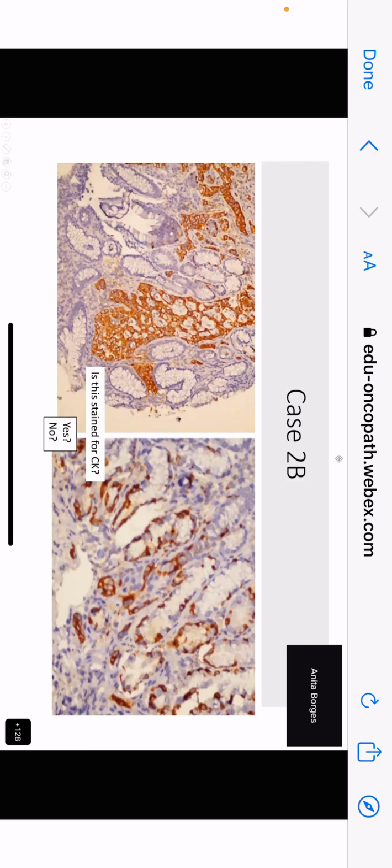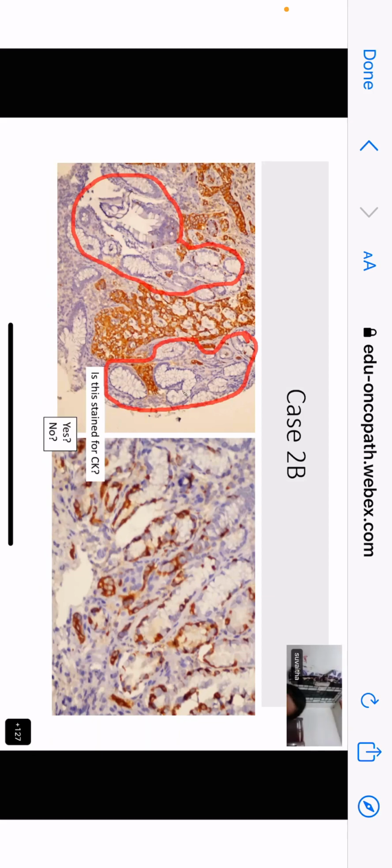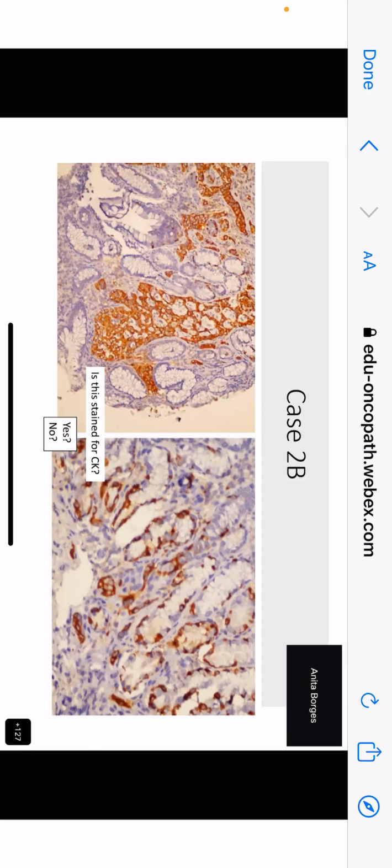Do you see the epithelium at all, folks? This is all epithelium. Do you agree, Suveta, that this is epithelium? Yes, ma'am. What does cytokeratin stain? Epithelial cells. And is this positive or negative? Negative, ma'am. So this is not a cytokeratin stain.